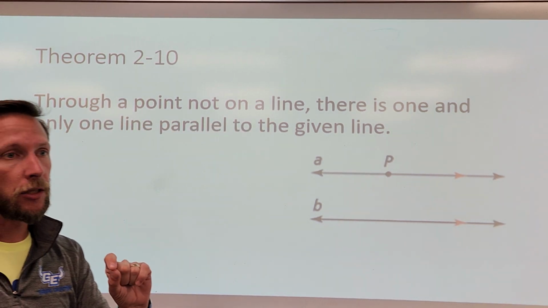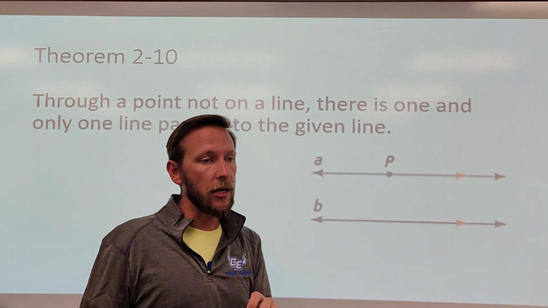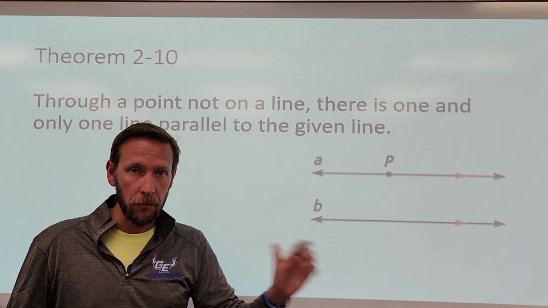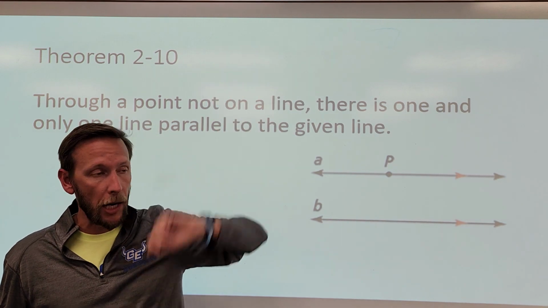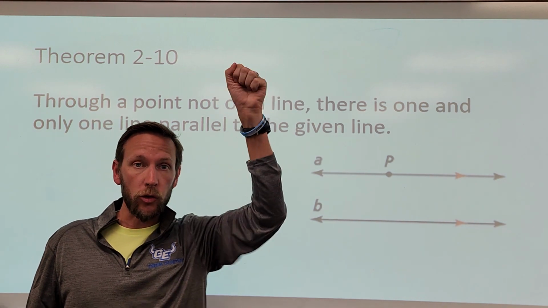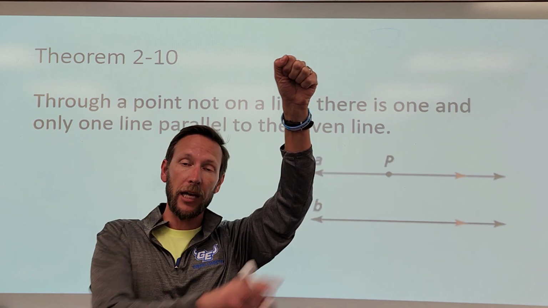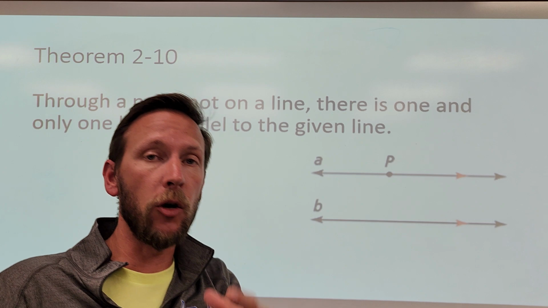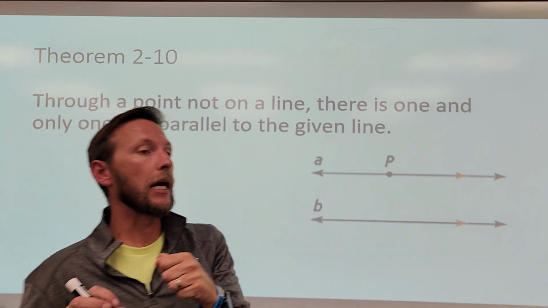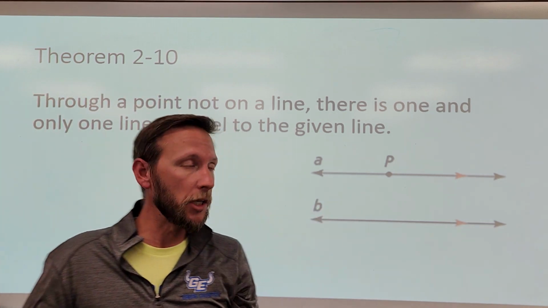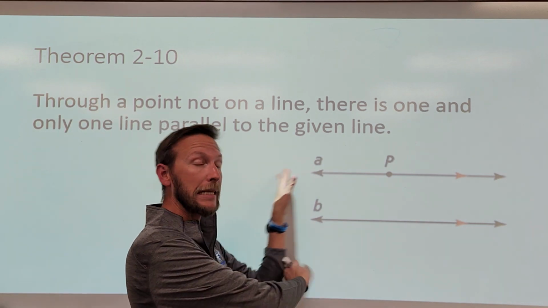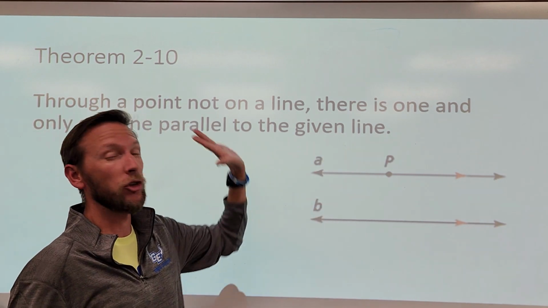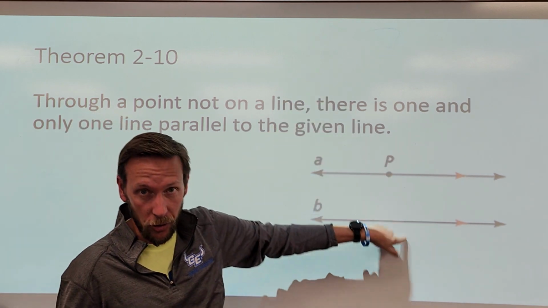So think about in Algebra 1, they would say, given this equation of the line, y equals mx plus b, and this point, x comma y, find the equation of the line that goes through that point that is parallel to that line, and we would find the answer, right? We would determine, oh, these parallel lines have the same slope, and then we would use y minus y1 equals m times x minus x1 to find the equation in y equals mx plus b form of the line that passes through that point and is parallel to the other line.